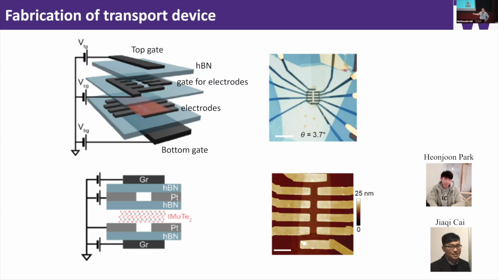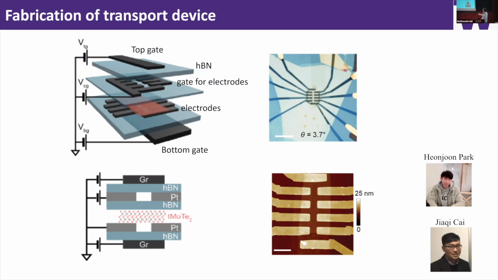The challenge, the reason we don't do transport, is that it's difficult to make good electrical contacts with this TMD device. So the idea we're using is, this is a cartoon of the device. This reddish layer is the twisted TMDs.